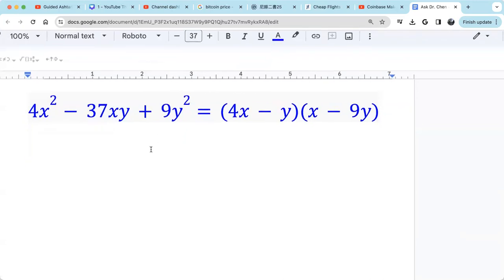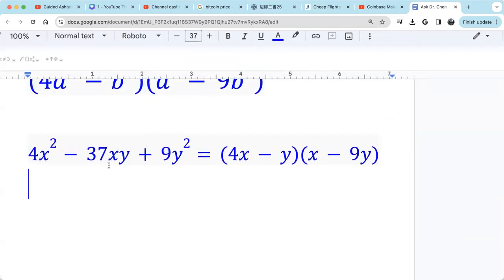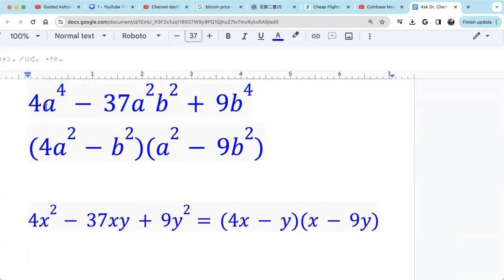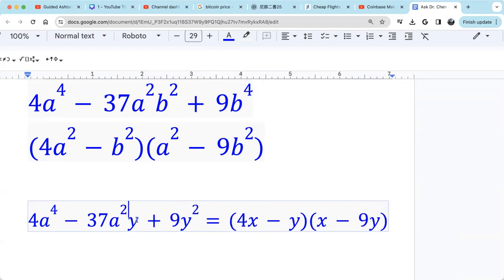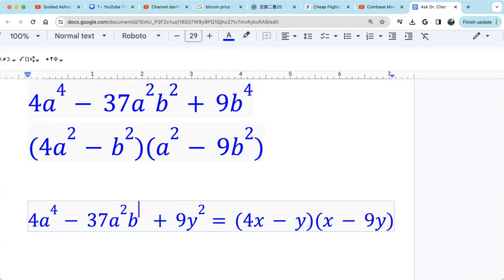Now we can see the whole thing, right? Then you compare. You see this is a raised to the fourth, and a to the fourth is a squared squared. So you change x to be a squared, and y to be b squared.